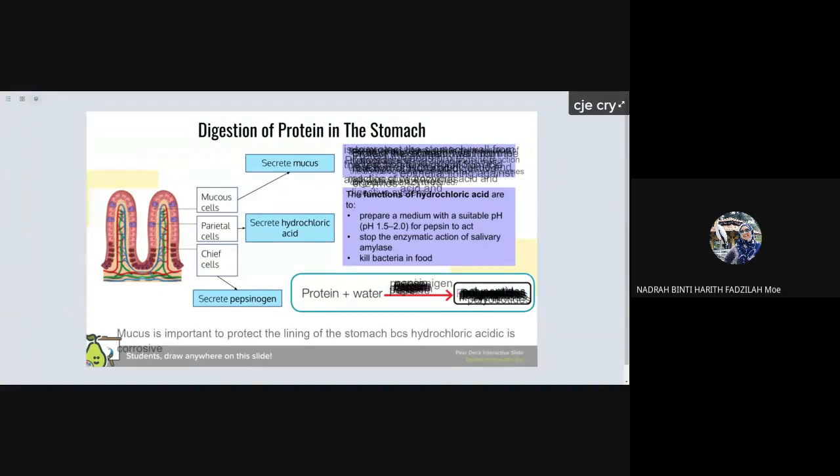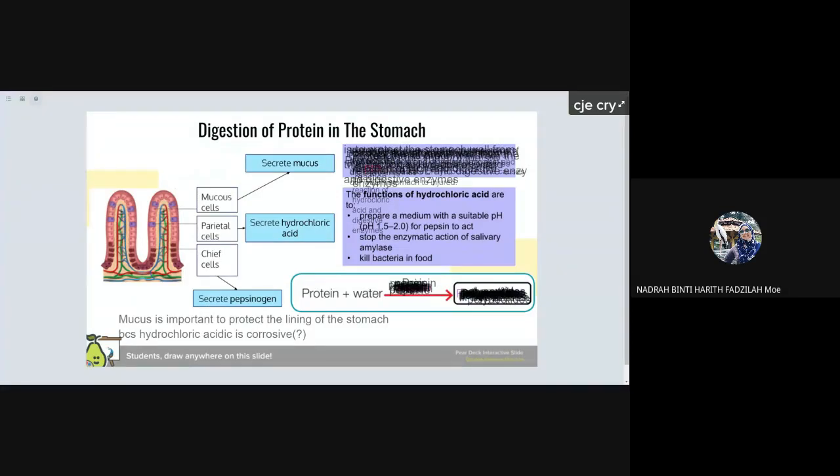So, the reaction is protein and water. Lepas tu, protein will be digested by pepsin to produce polypeptide. Walaupun kita kata chief cell secrete pepsinogen, but when the pepsinogen is secreted out into the stomach cavity, it will become activated to form pepsin.